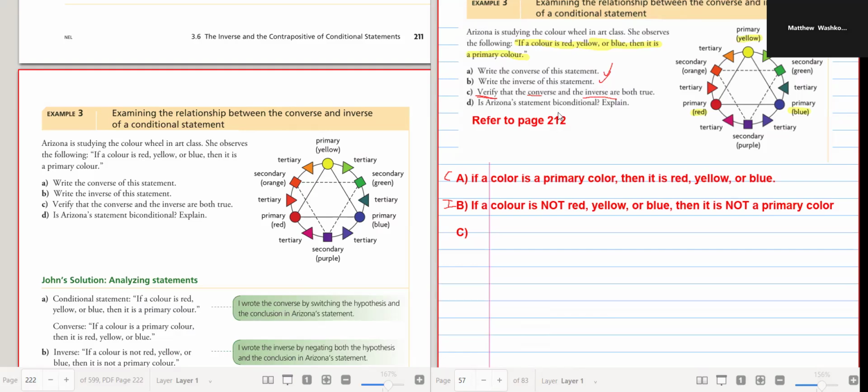So we have to verify if this is true or not. Well, if we're looking at this, if a color is a primary color, then it is red, yellow, or blue. Well, I can't see anything in here to disprove it, right? So the converse is true.